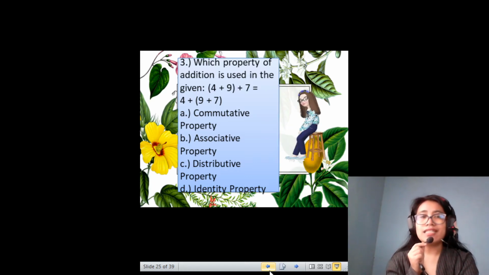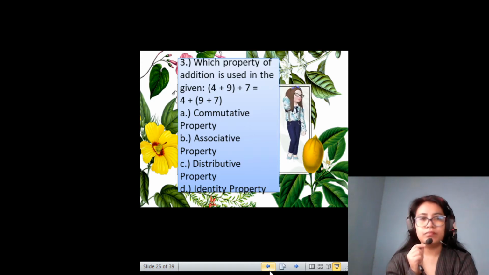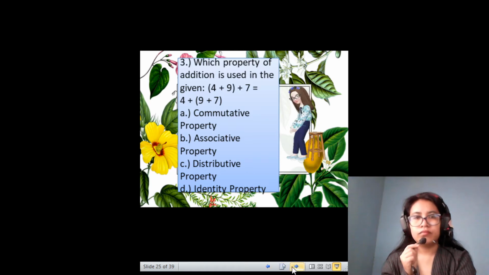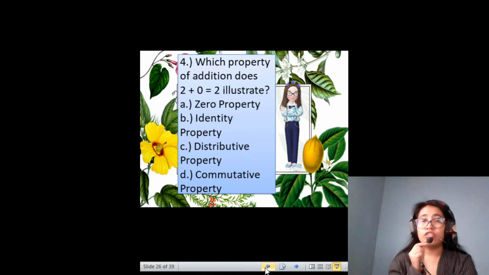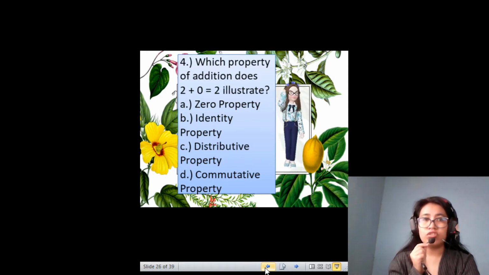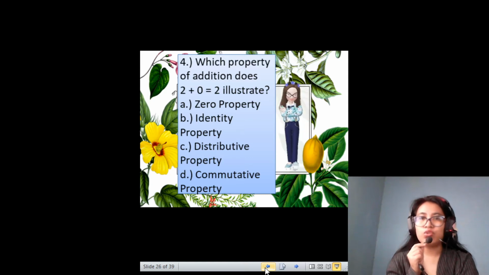Letter C, distributive property. Or letter D, identity property. For number 4, which property of addition does 2 plus 0 equals 2 illustrate?